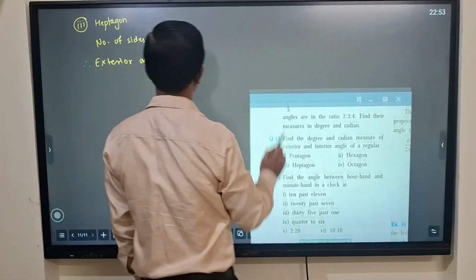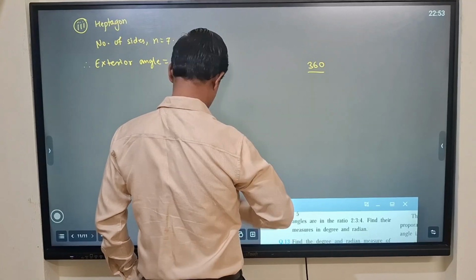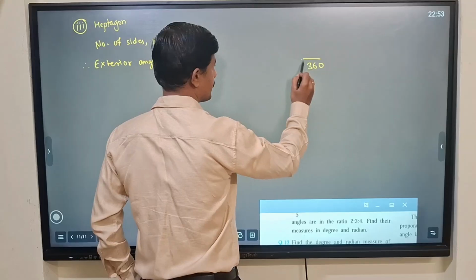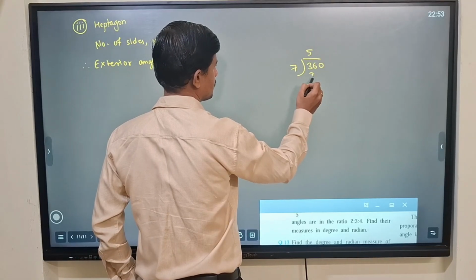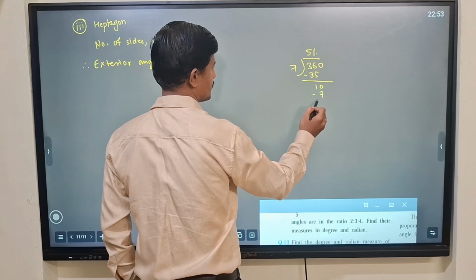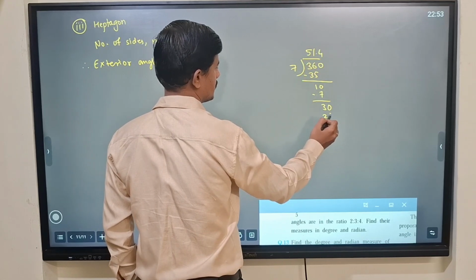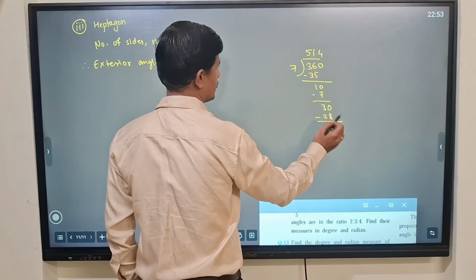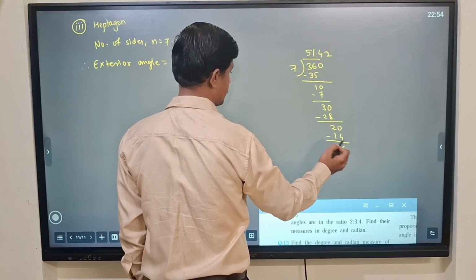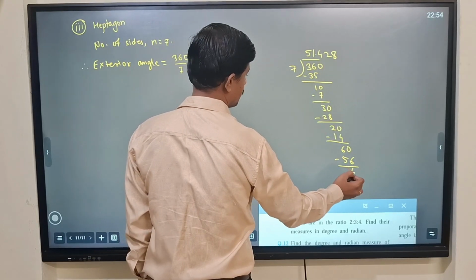So you have to divide it as much as possible. This is 360, divide by 7. 7 5s are 35, 10 remaining. 7 1s are 7, so 3 remaining. 7 4s are 28, 2 remaining. 7 2s are 14, 6 remaining. 7 8s are 56, 4 remaining, and so on.